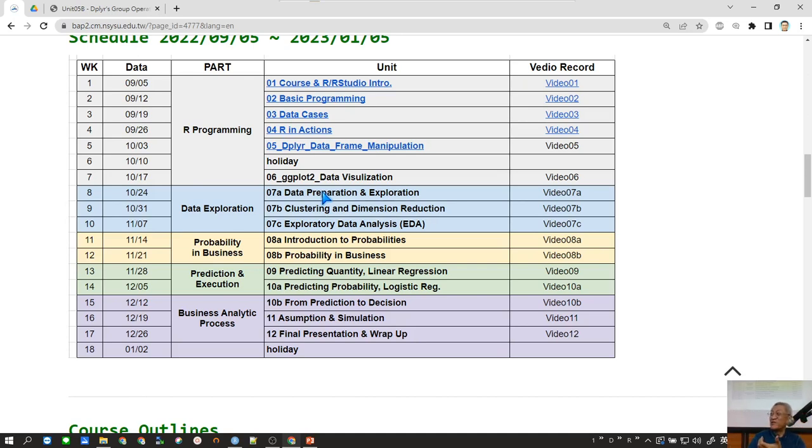And that is basically our midterm presentation, okay? By group, okay? So today let's take a look at the data first, okay?